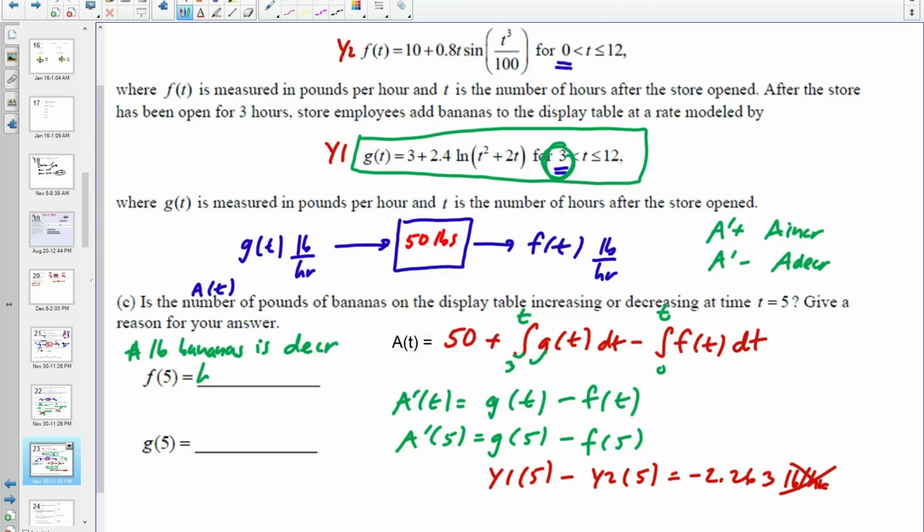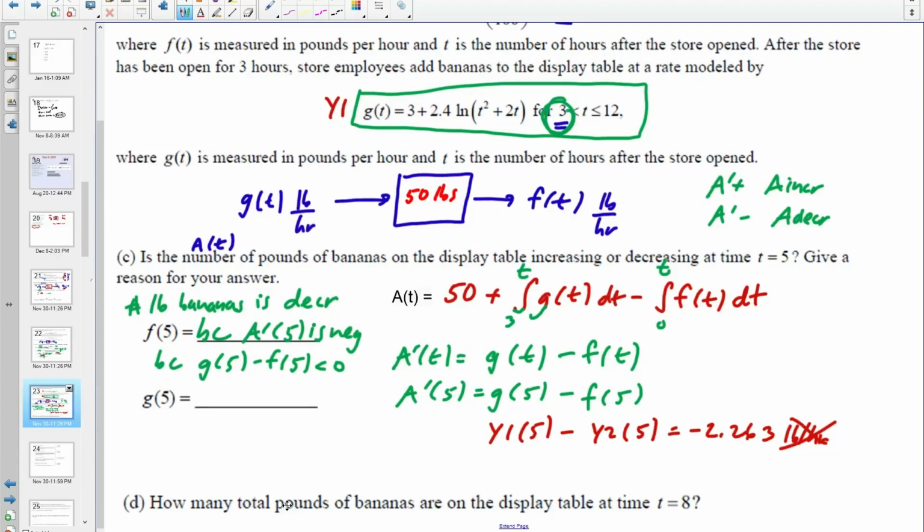And the reason would be because A prime at 5 is negative. You could also say because g(5) minus f(5) is less than 0. Same thing.